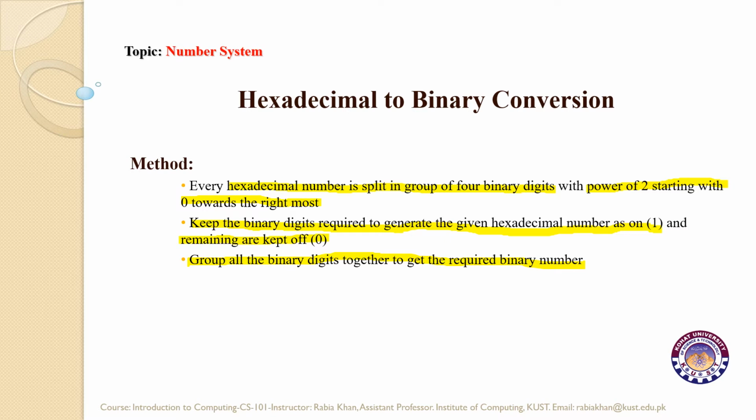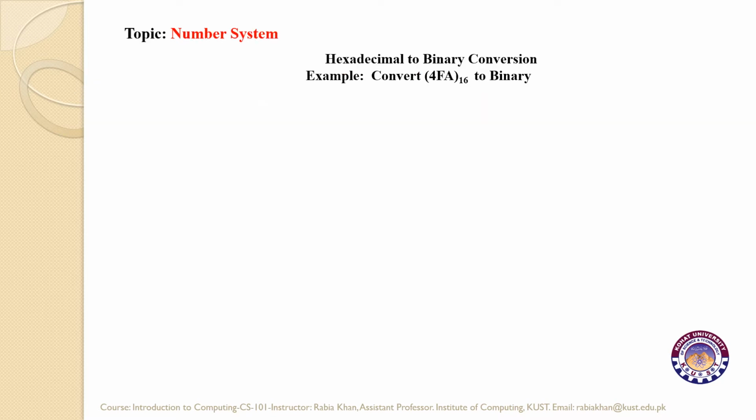So let's see how we can apply this method on some examples. Let's see, we are given a hexadecimal number. Here you can see 4FA, and we need to convert it to a binary number.